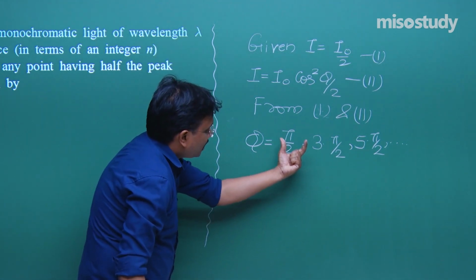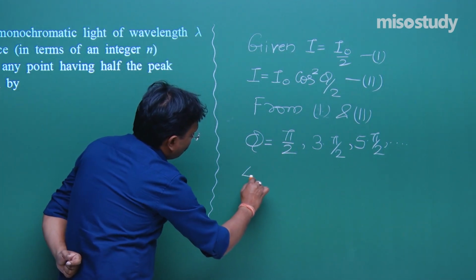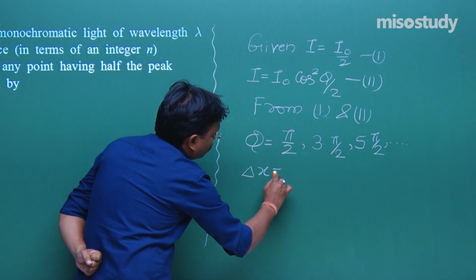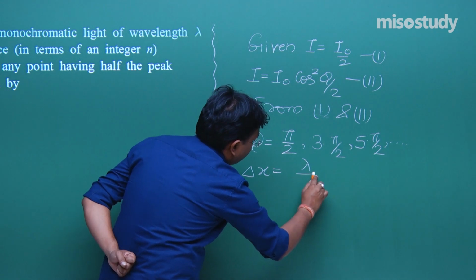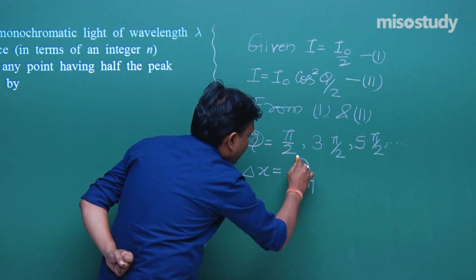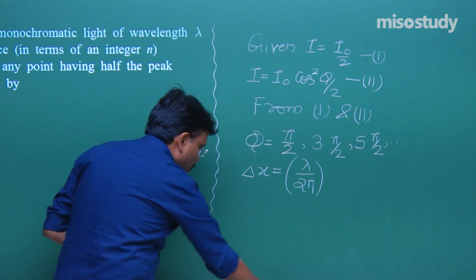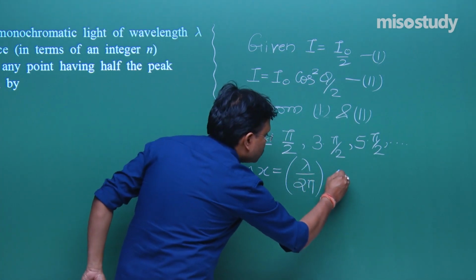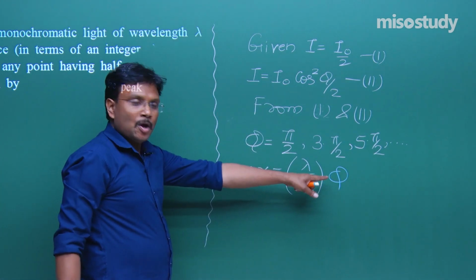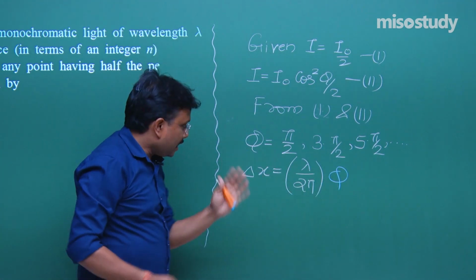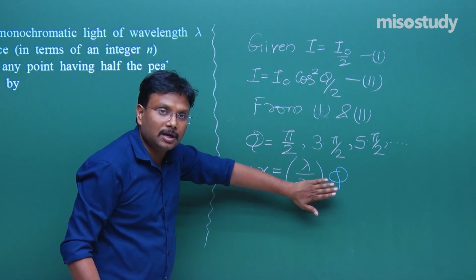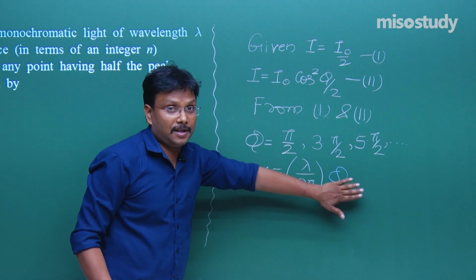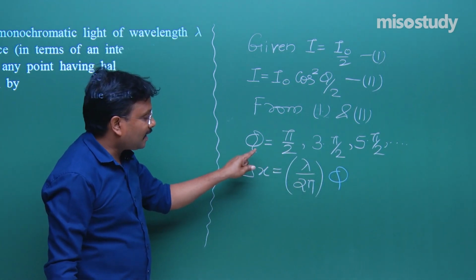Now, from here, what is the formula of path difference? As I mentioned, delta x is equal to lambda upon 2 pi within bracket, let me use a different color chalk, phi. So, in white and this blue, it means path difference is equal to this term and phase difference. Now, what exactly is required?